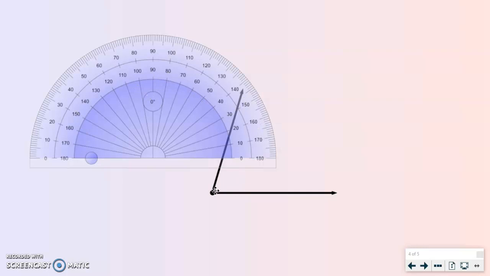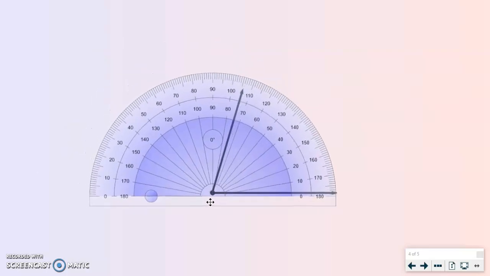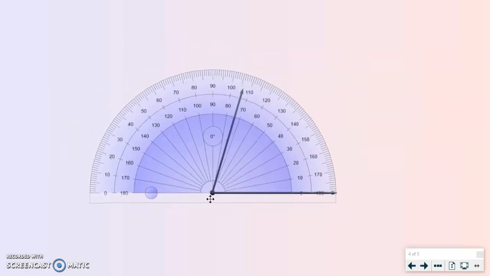This ray is already pretty flat and horizontal, so I'm going to choose that one to line up my protractor with. Remember that middle point I pointed out earlier: the vertex of my angle is going to go here. And I'm going to make sure that the bottom ray I chose lines up with the 0-degree mark. So here's 0 degrees, and my vertex is lined up here. I'm ready to measure this angle.